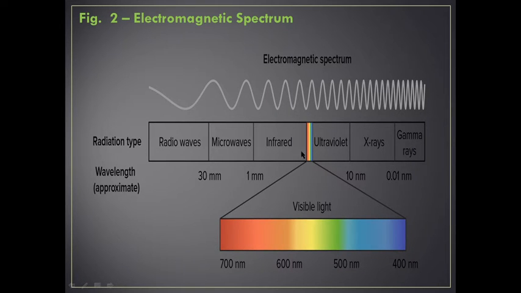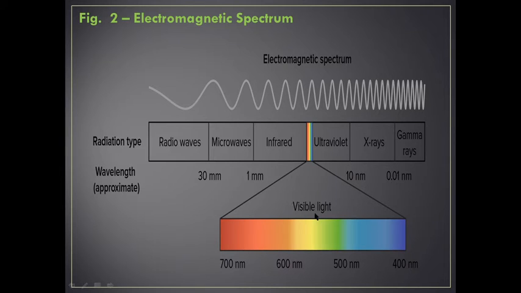See, the picture is the electromagnetic spectrum. Now, the sun emits various radiations. It contains radio waves, microwaves, infrared waves, ultraviolet, X-rays, gamma rays. Now, a very small amount of the rays is known as the visible spectrum of light, and the visible spectrum is present in between infrared and ultraviolet rays.